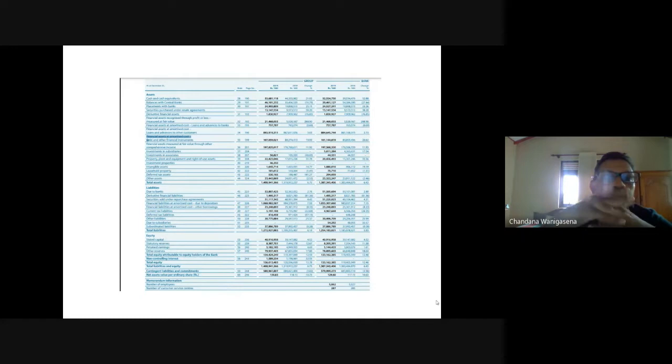So at any moment you can use those to keep your liquidity level high. As you go down in the assets, the liquidity goes down. For financial assets like loans, whatever we invested in loans, we can't recover immediately. We have to wait until customers repay. It comes very slowly, right?